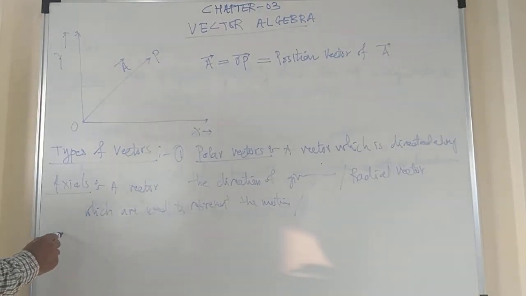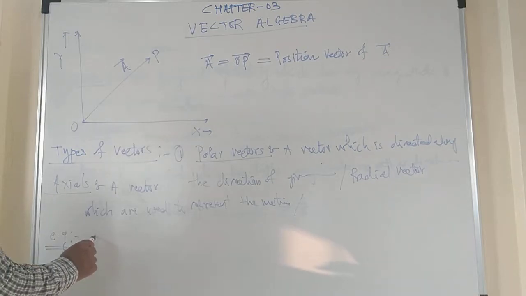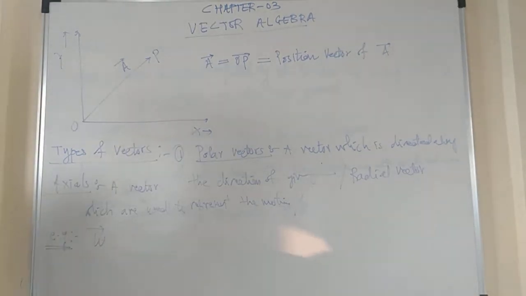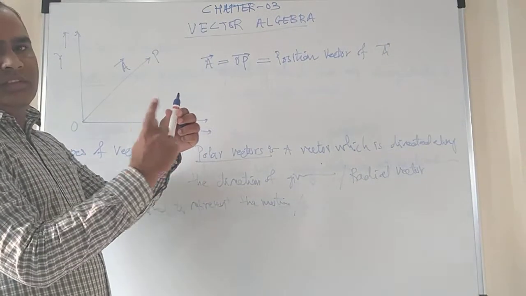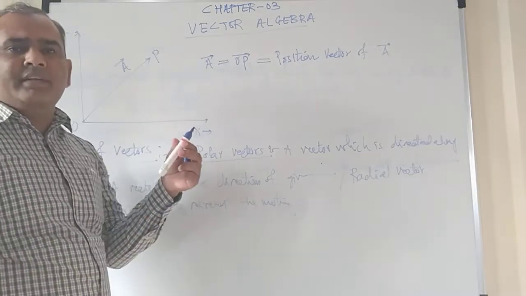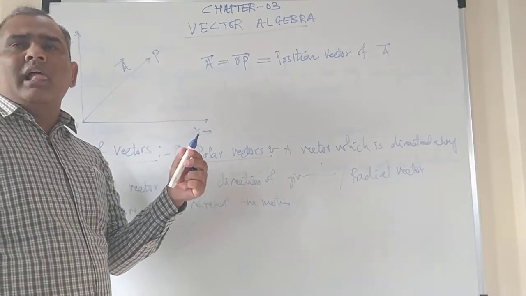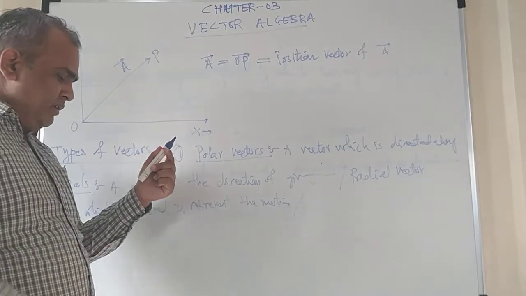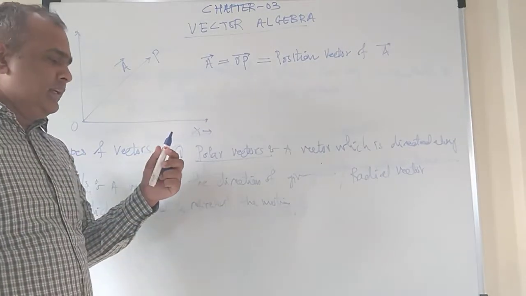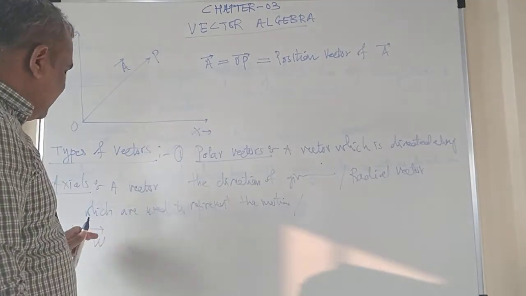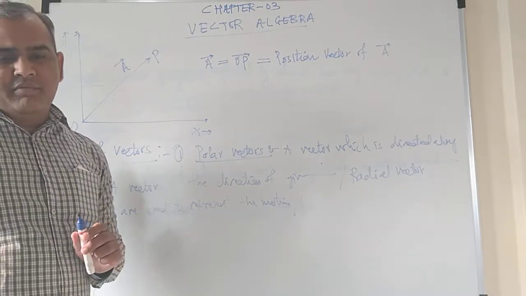And what are the examples of these axial vectors? Angular motion, which is moving along the axis. Whatever vector you are using to represent the angular motion or angular velocity of a particular body, then this vector is called an axial vector.